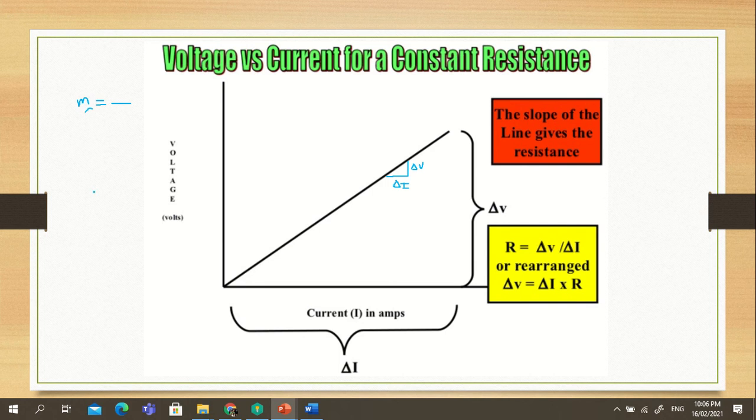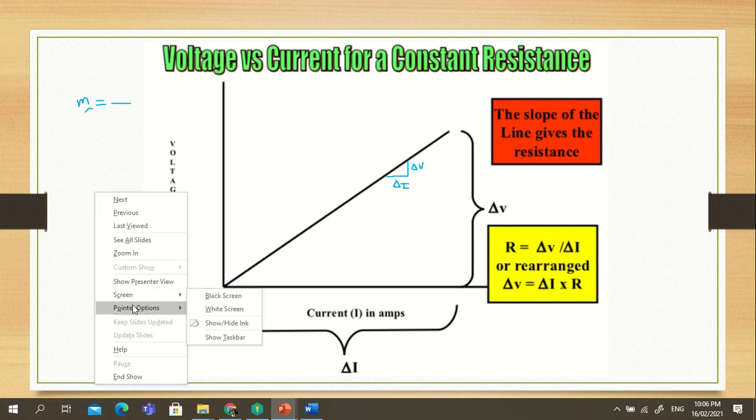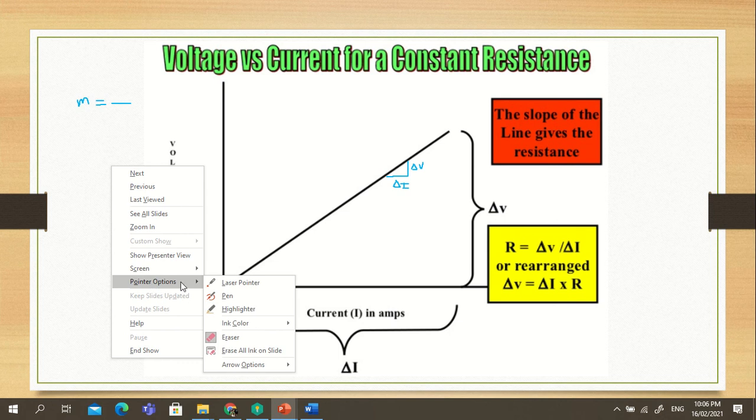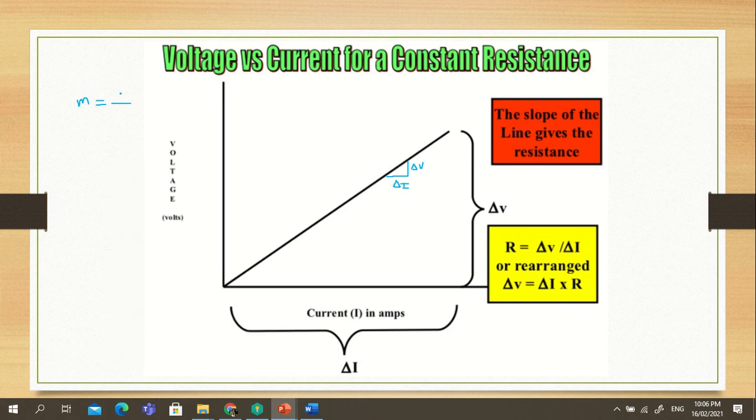Slope is usually written as M. So slope M is equal to the ratio of the change in voltage with respect to the change of the current. So this is what we call the slope.